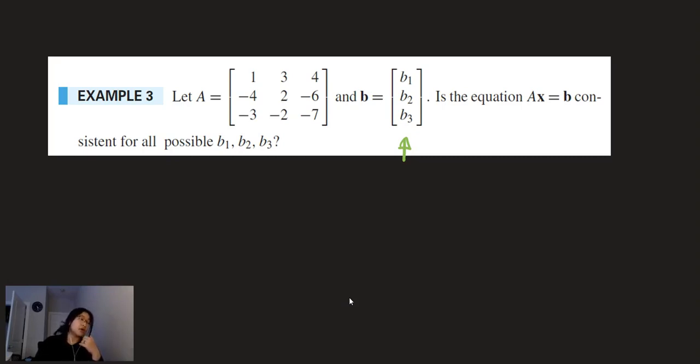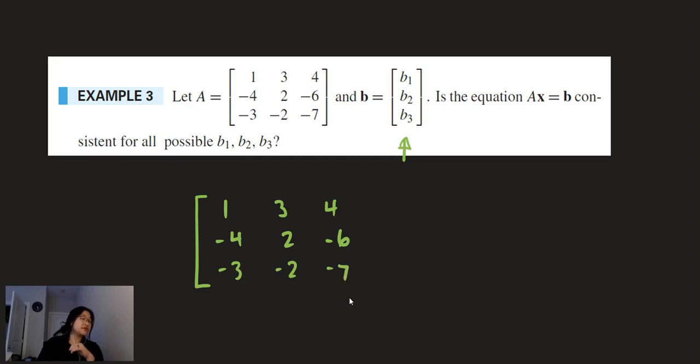You might prefer a different way, but I think the easiest way to tackle this is by looking at an augmented matrix where we have 1, 3, 4, and negative 4, 2, negative 6, negative 3, negative 2, negative 7, and then B1, B2, and B3.